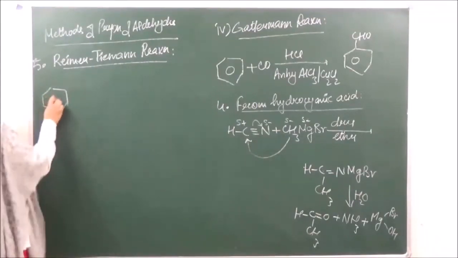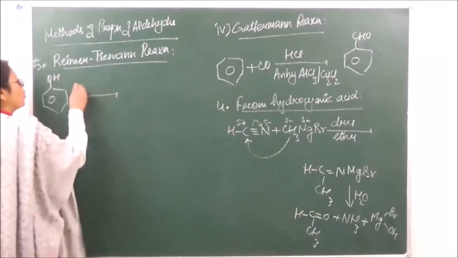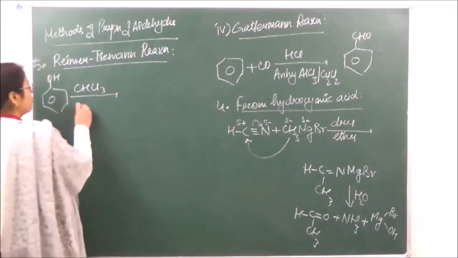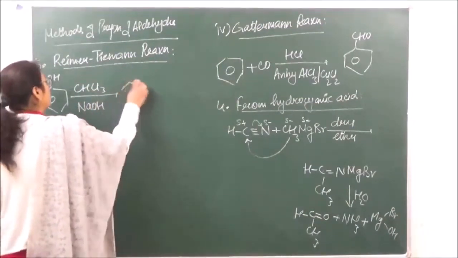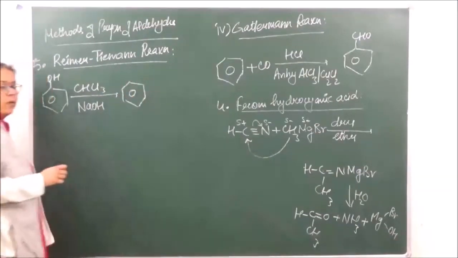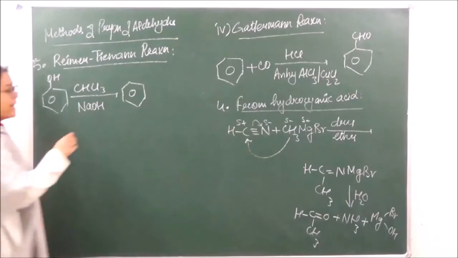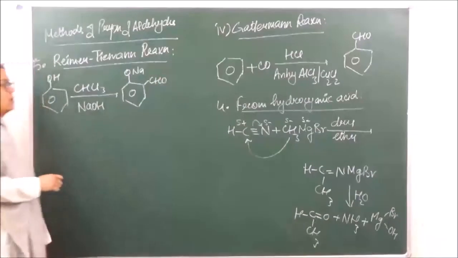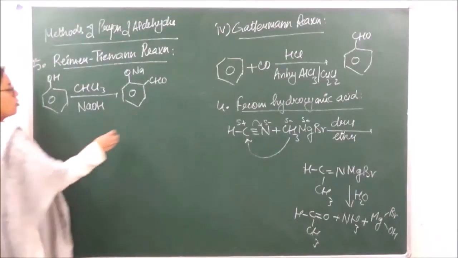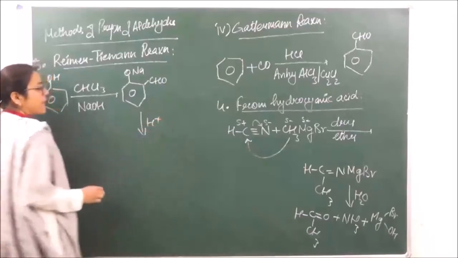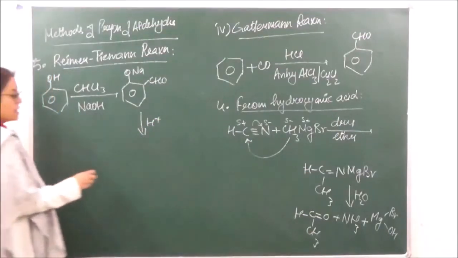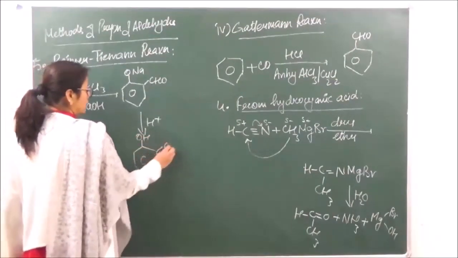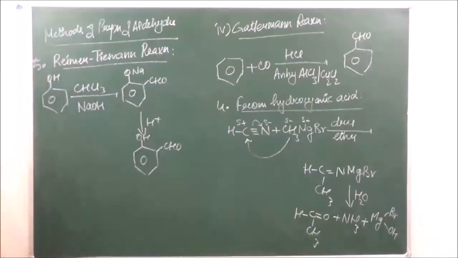We do the reaction of phenol with chloroform, CHCl3, in presence of NaOH, where we are going to get ONa and CHO, and this on reacting with an acid is going to give us salicylaldehyde, OH and CHO.